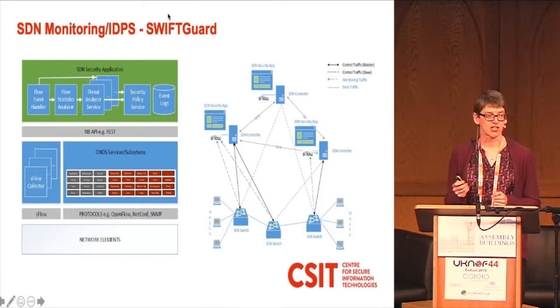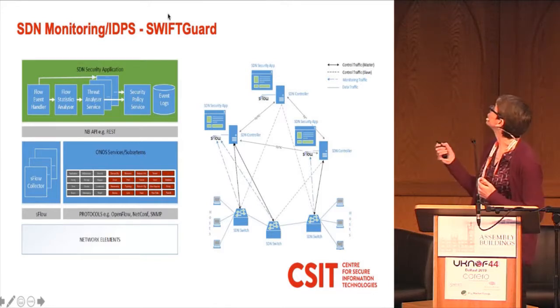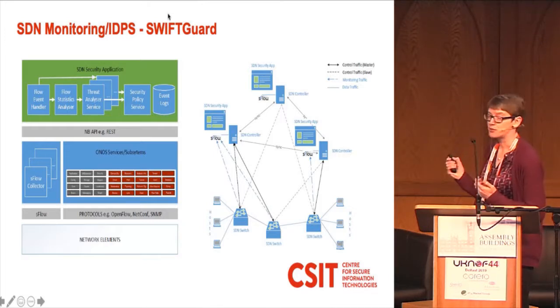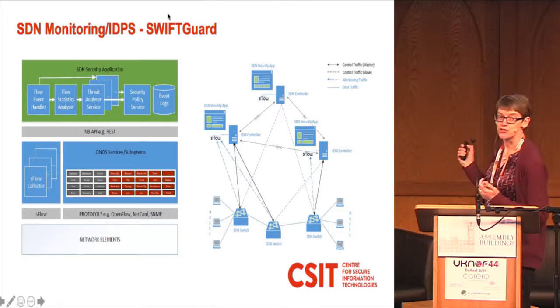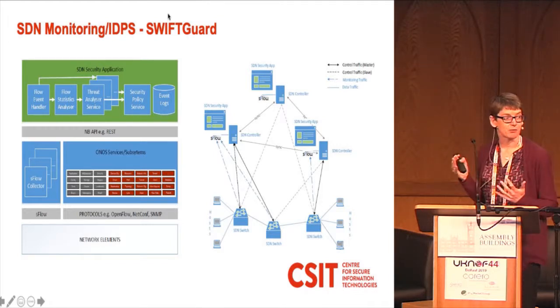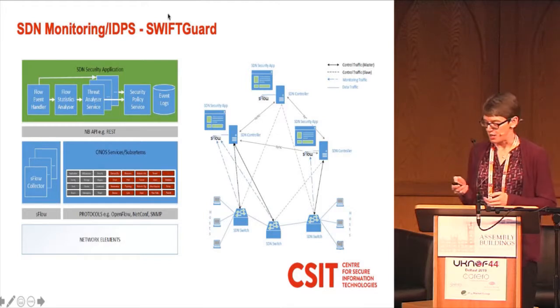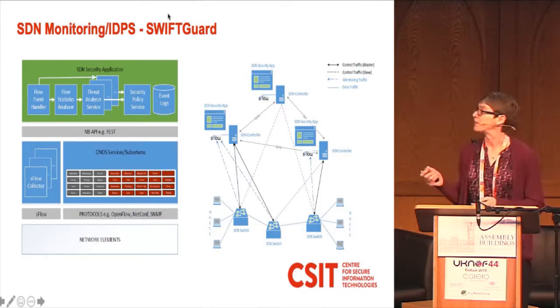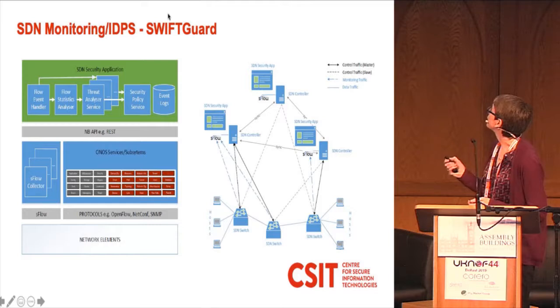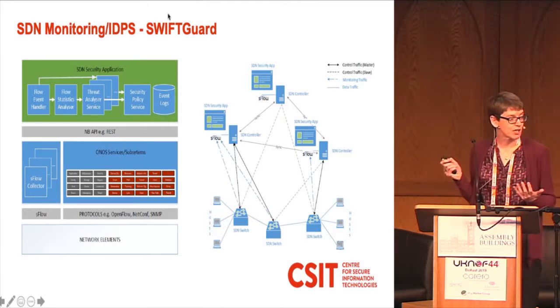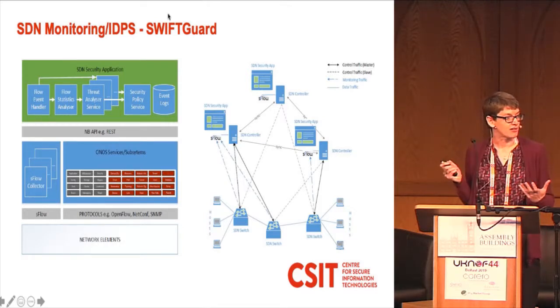So this illustration is a simple overview of what we get. I mentioned before, these network elements are our SDN switches, for example. We have a protocol to communicate. Open Network Operating System is an example of a distributed controller environment for high availability. In a simple example of protection, we can do some monitoring with our sampled sFlow, for example, to detect denial of service in that environment.